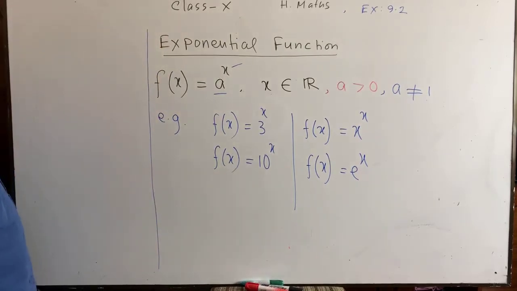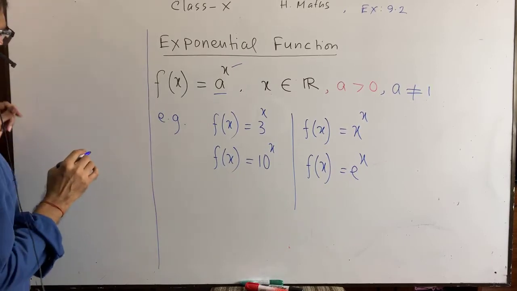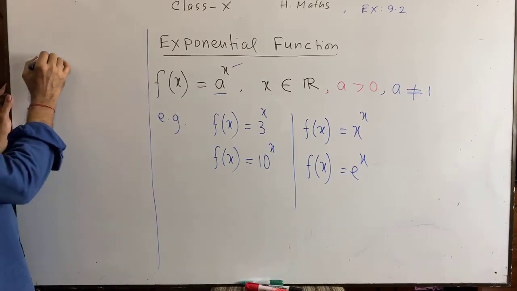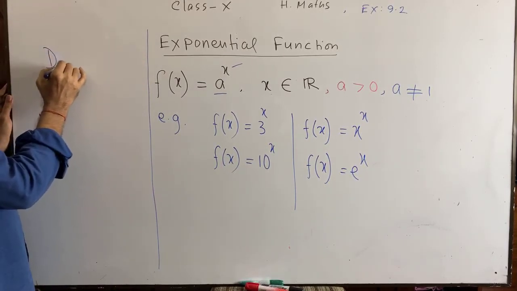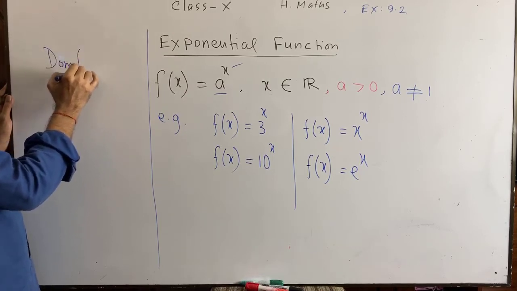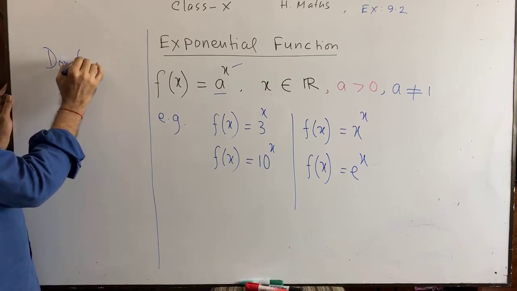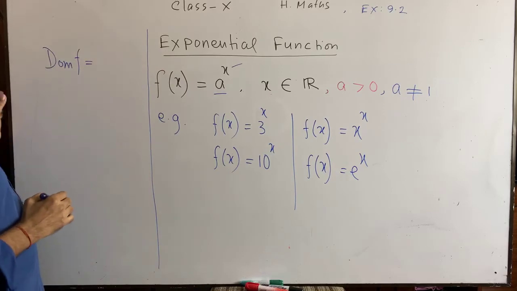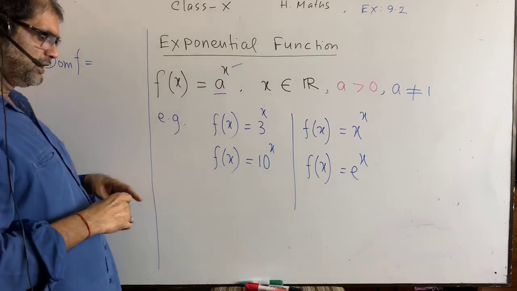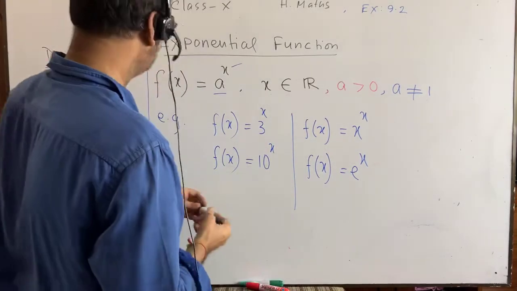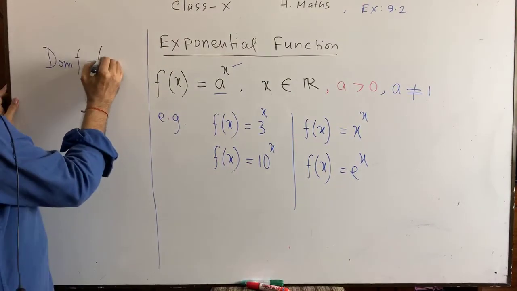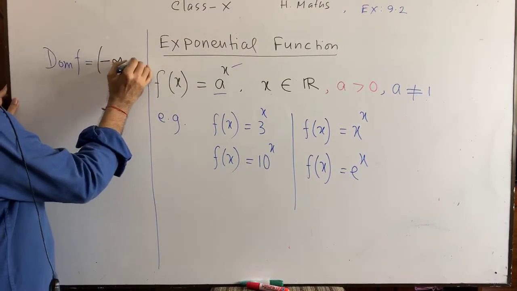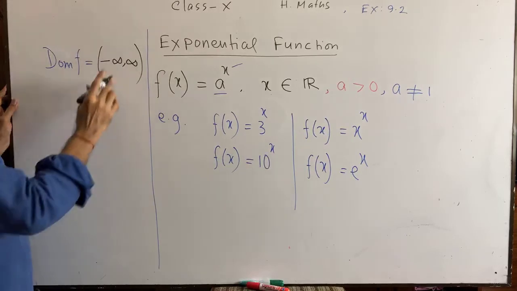Suppose I am writing only today the domain of the exponential function. Write down dom f is equal to, here whatever value you consider will be accepted, that is minus infinity to plus infinity.